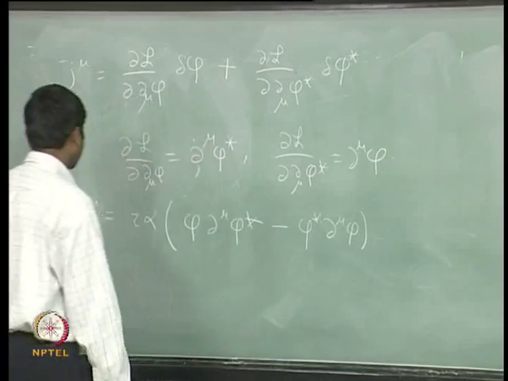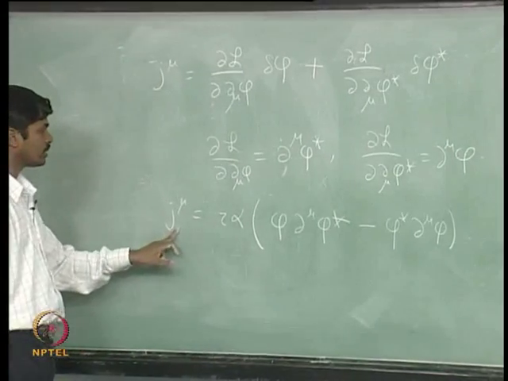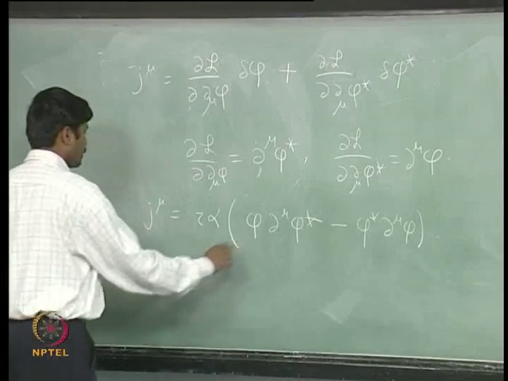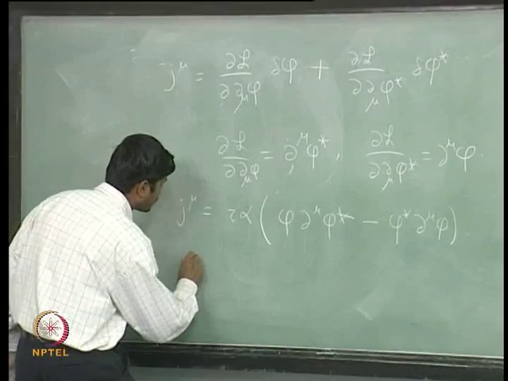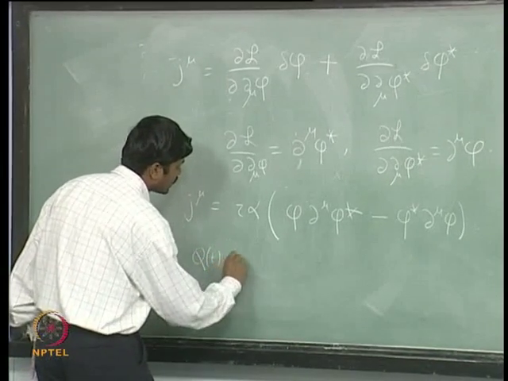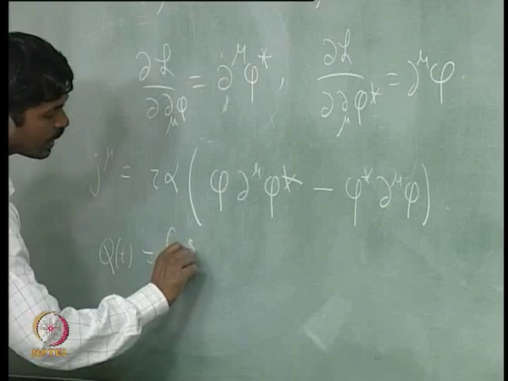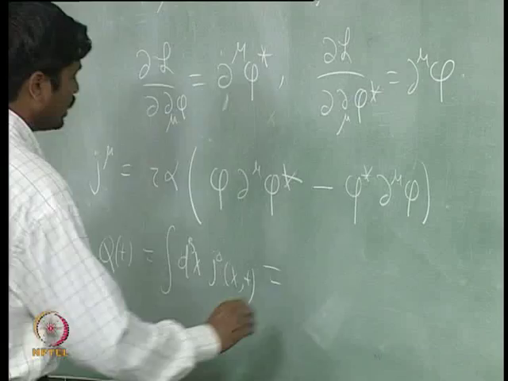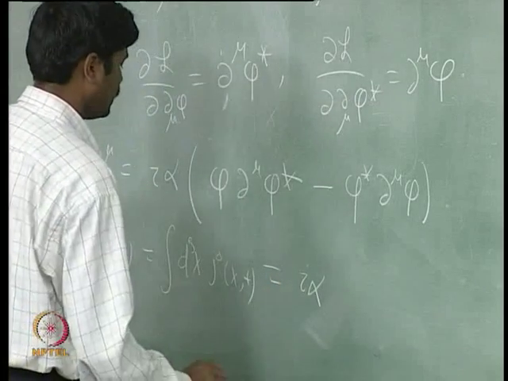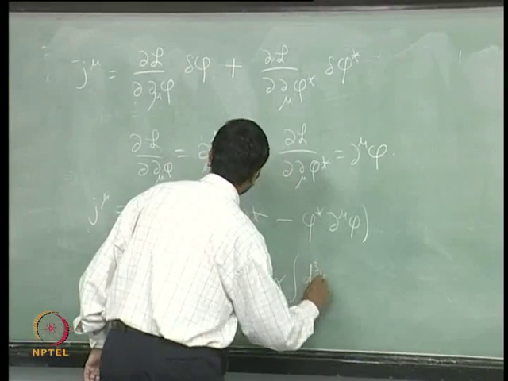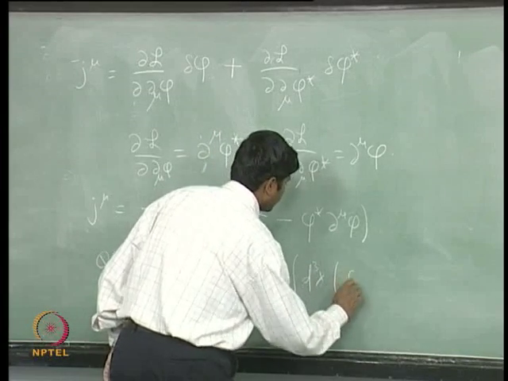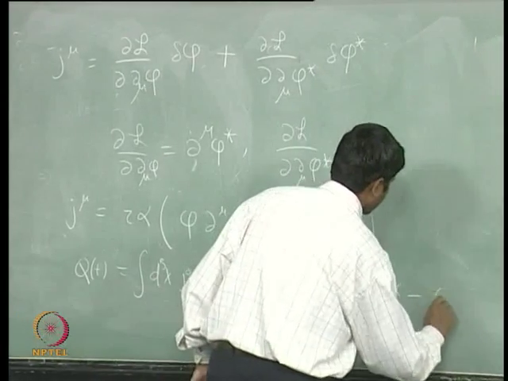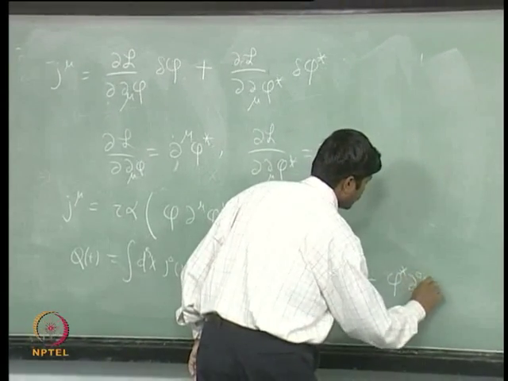So, for this very simple system, the conserved current has this expression, and the corresponding charge Q of t, which is the integral d cube x J 0 of x, t, is given by i alpha times the integral d cube x of phi del 0 phi star minus phi star del 0 phi.